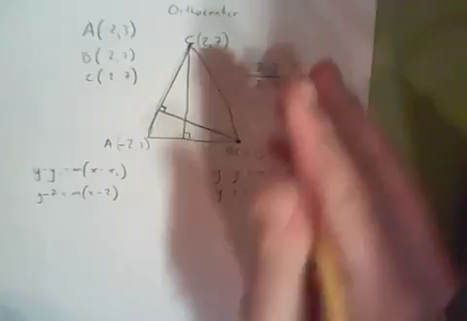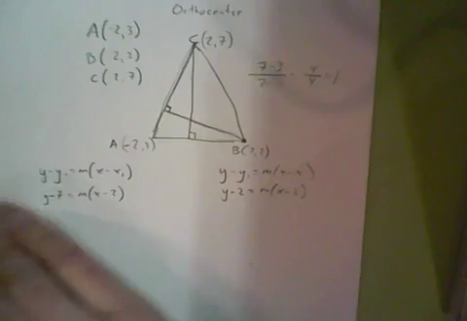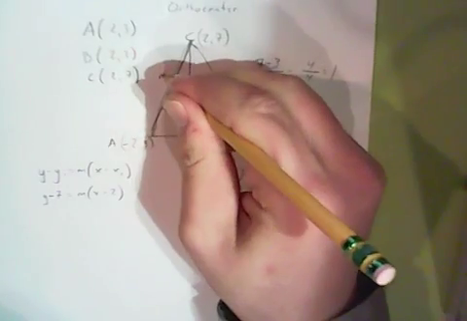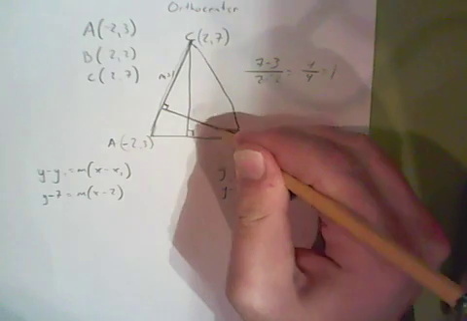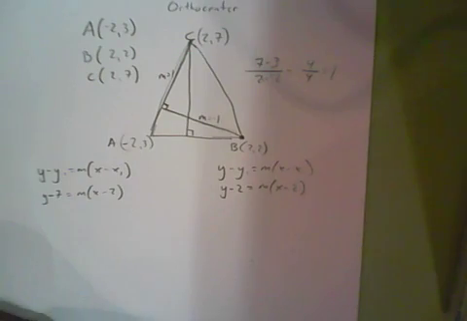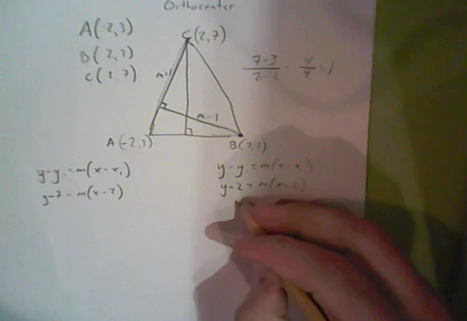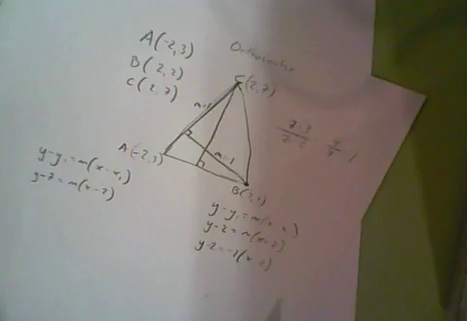And I get a slope of 4 over 4, which is equal to 1. Therefore, side AC has a slope of 1. Therefore, this line, which is perpendicular to AC, has a slope of -1, which is the opposite reciprocal of that. So I know the slope of this line: y minus 2 is equal to -1 times x minus 2.